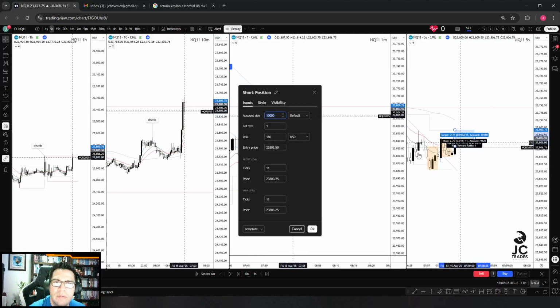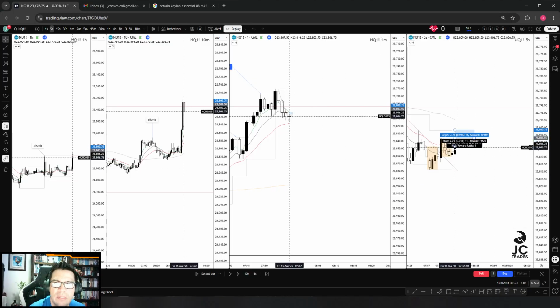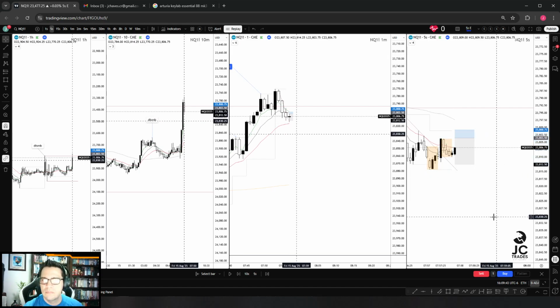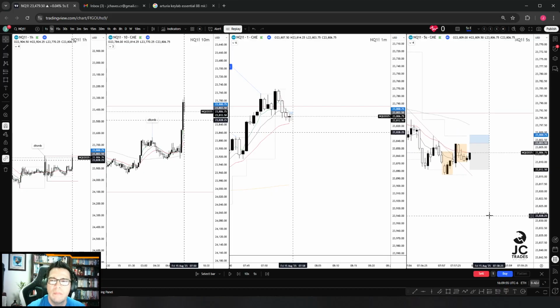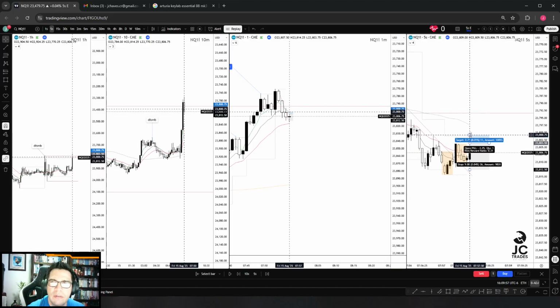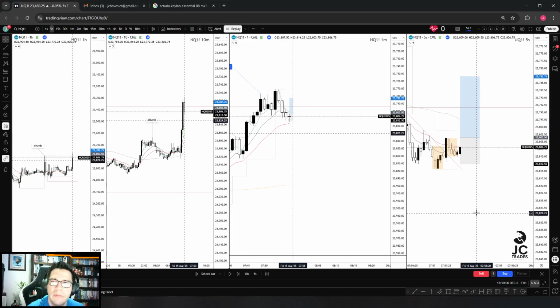And in terms of our risk, let's take a look at this one here. So at this time we could consider this entry setup.